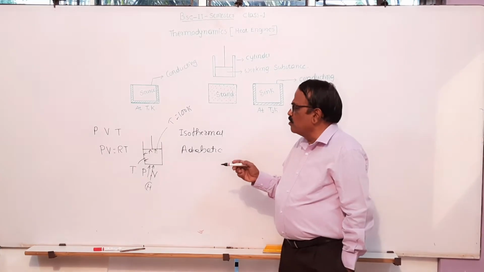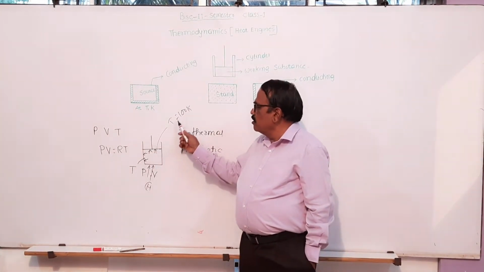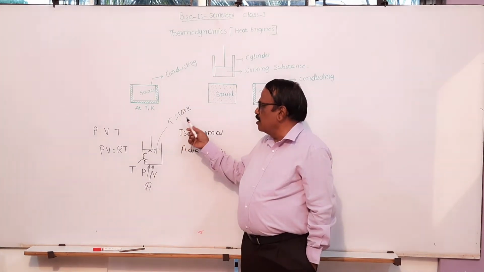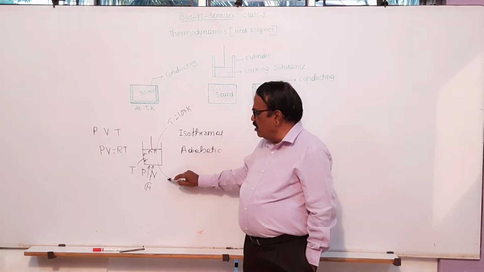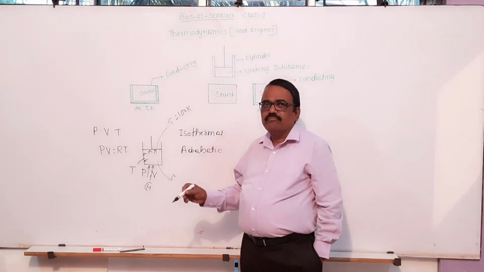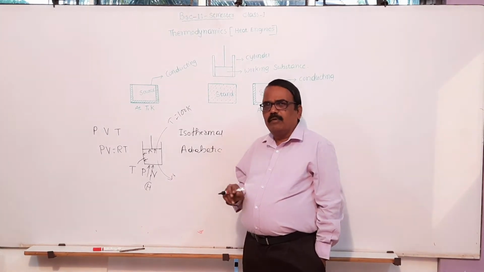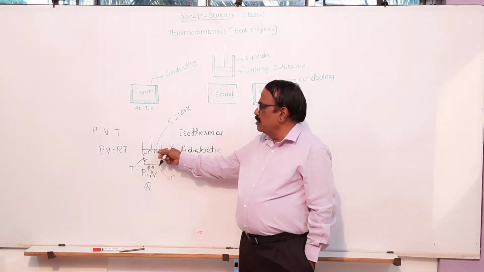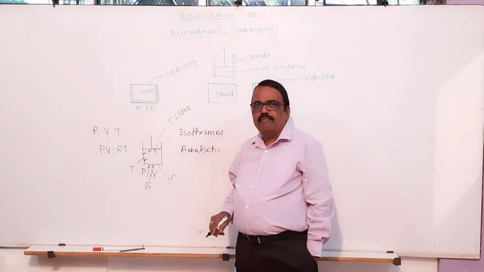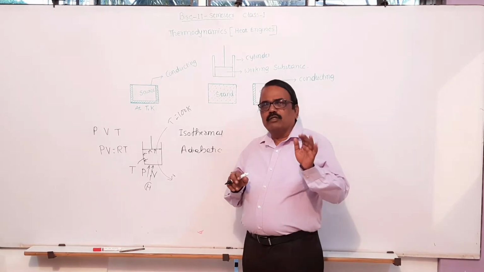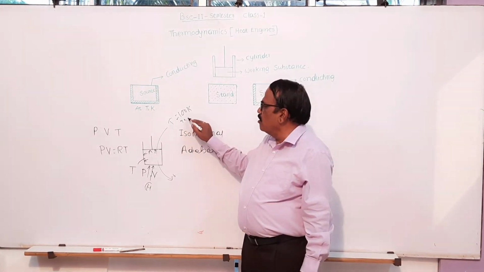Then how to keep temperature constant? If you are compressing this, say temperature is increasing, 100, 103. By some means you take heat away from the system. If you take heat away from the system, temperature remains constant. If you are moving this piston in the upward direction, due to expansion, assume that temperature is decreasing, say 90 or 95.